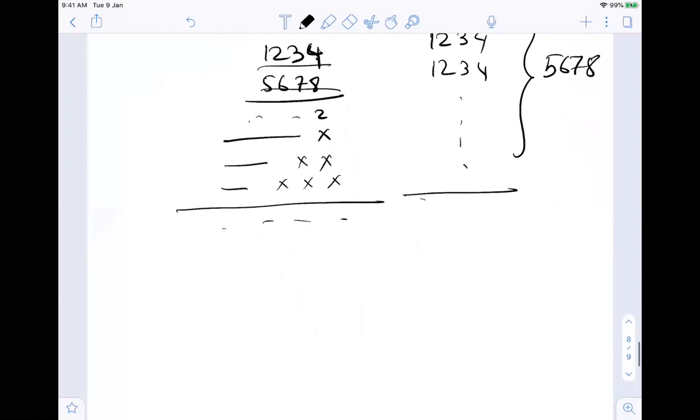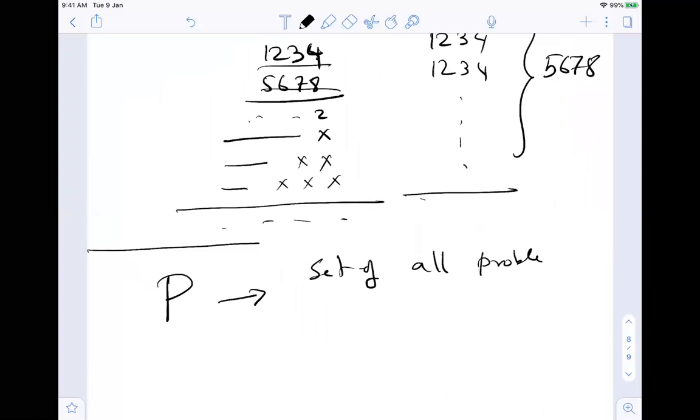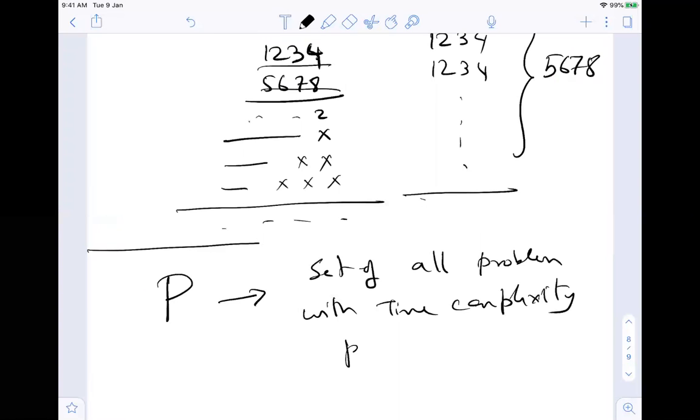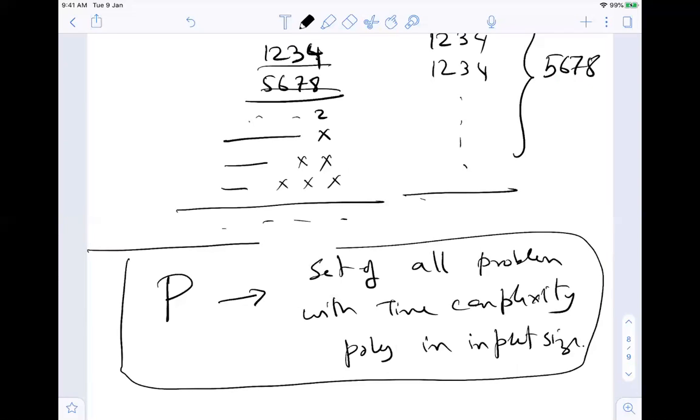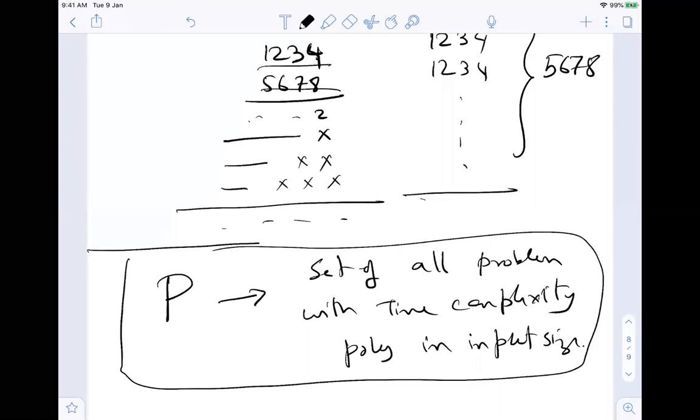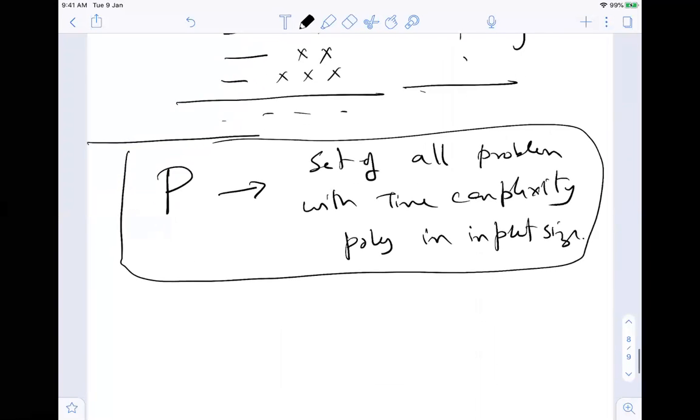At that time, the notion of P was introduced. P is the set of all problems with time complexity polynomial in input size, right? And it was argued that this set is what we think of as easily solvable, that is, easy to compute problems.